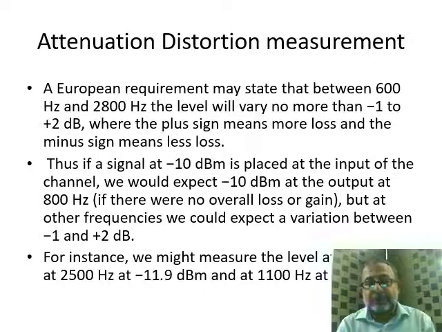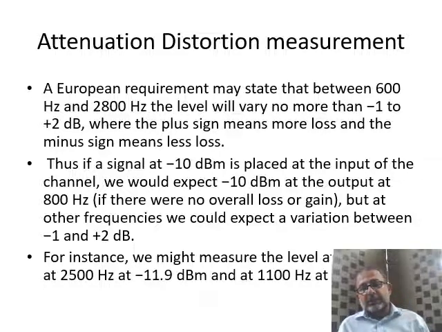For example, we might measure a level of -11.9 dBm at 2500 Hertz, and at 1100 Hertz we might find it at -9 dBm, which means that at 1100 Hertz the attenuation distortion was -1, while at 2500 Hertz it was +1.9, or about +2.